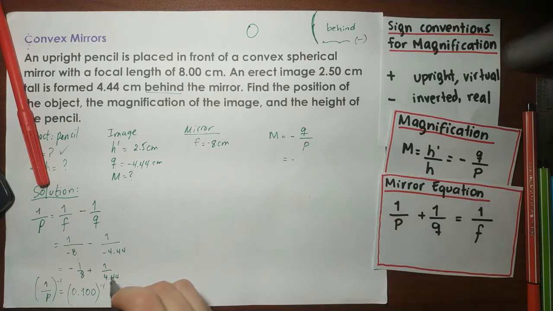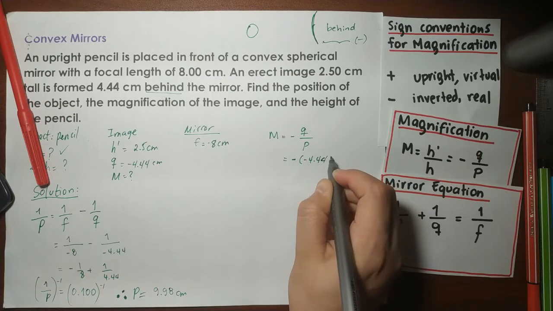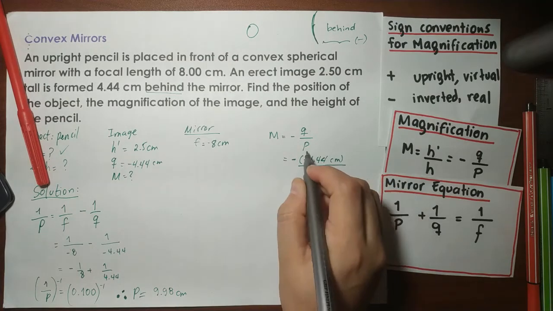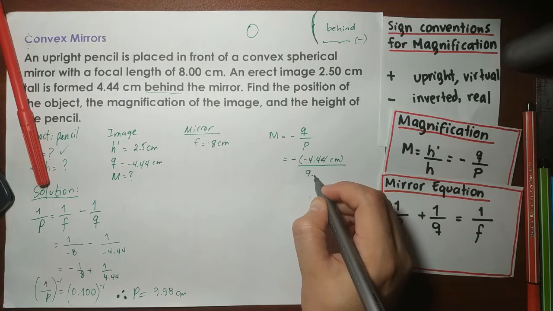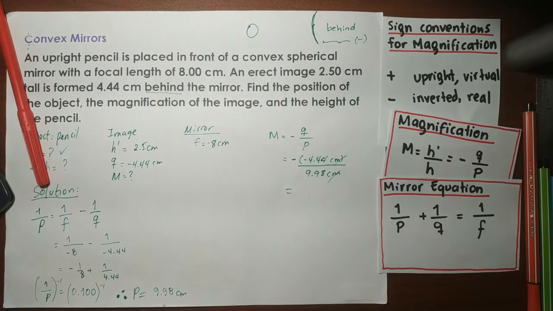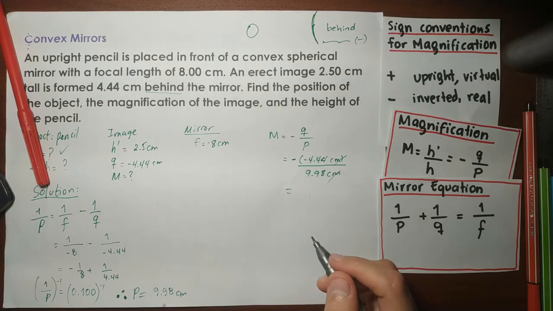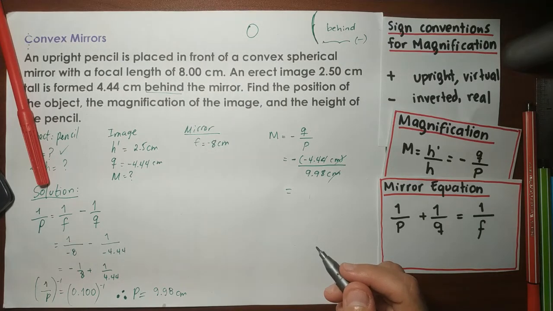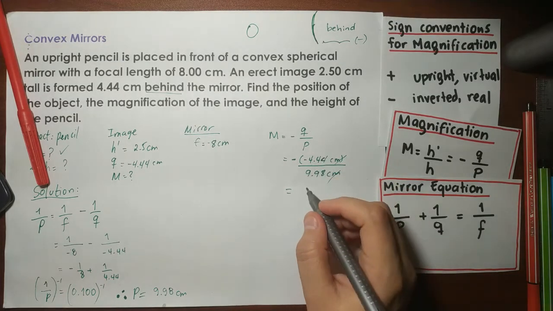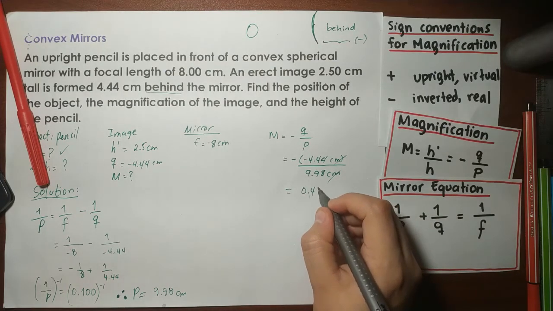My image position is negative 4.44 centimeters divided by P, that is 9.98 centimeters. Cancel centimeters. So negative and negative will make positive. It's 4.44 divided by 9.98. This gives us a magnification of 0.44.